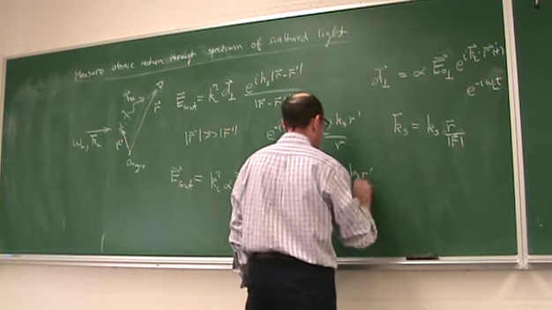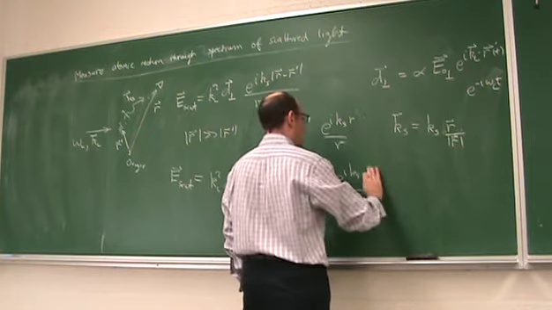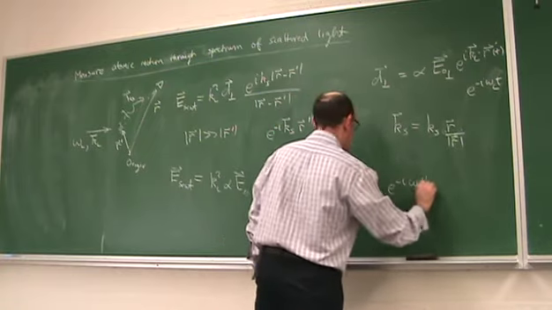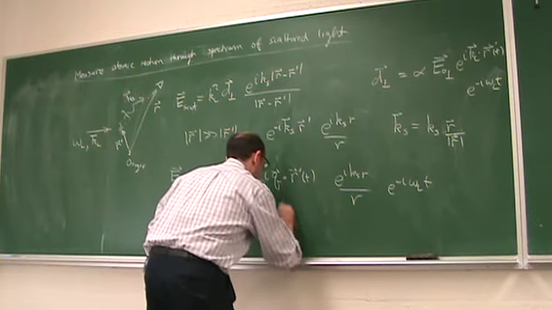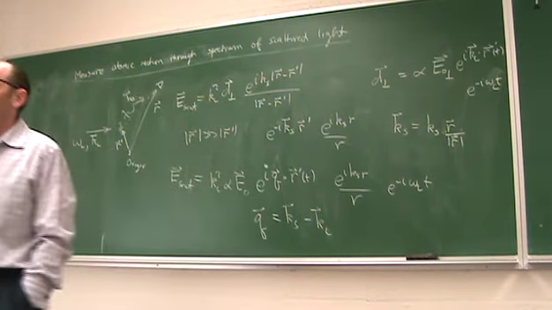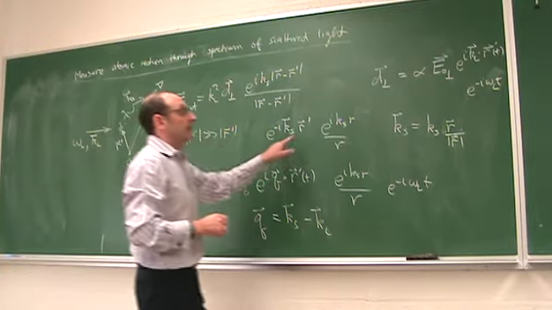No, this is r, pardon me. R is a minus i. Where q is the difference between the scattered wave vector and the incident wave vector. Okay? That's from here.